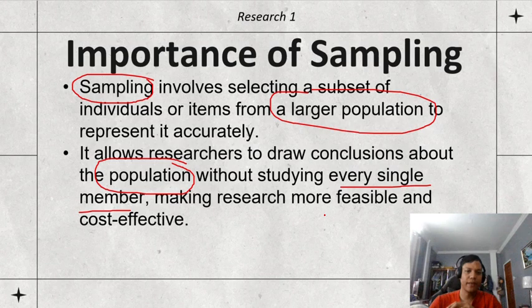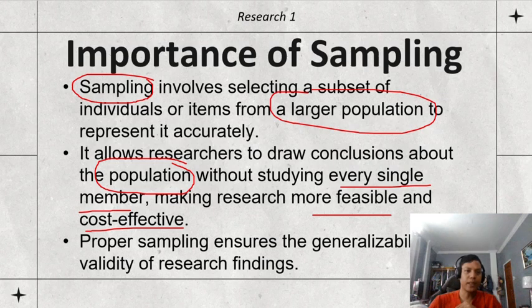So we can save more resources, and it becomes more feasible and, at the same time, cost effective. Another importance of sampling: if we use proper sampling, it will ensure the generalizability and the validity of the research findings.